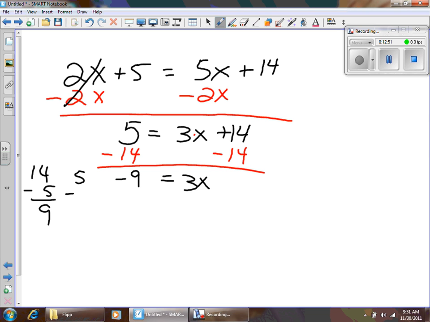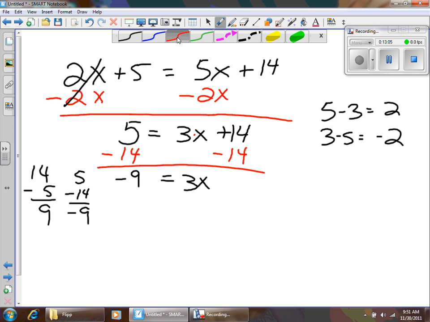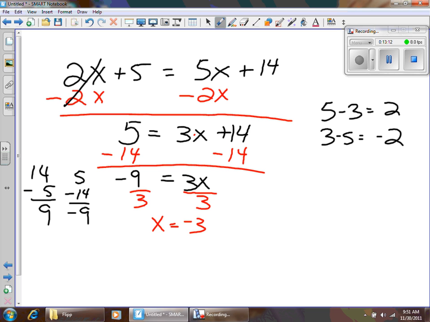Therefore, 5 minus 14 must be negative 9. I don't know if you realize that. It's very simple. 5 minus 3 is 2. 3 minus 5, negative 2. It works that way every time. All right, back to the problem. I've got to get rid of this 3. It's attached by multiplication. I'll divide by 3. X will equal negative 3.